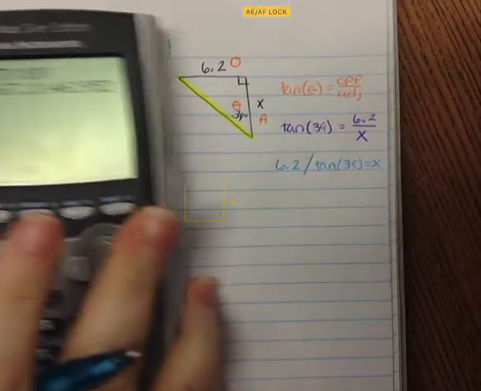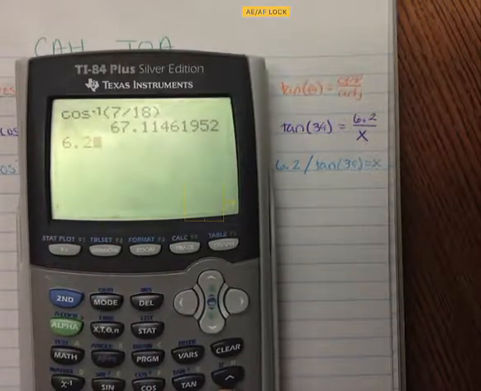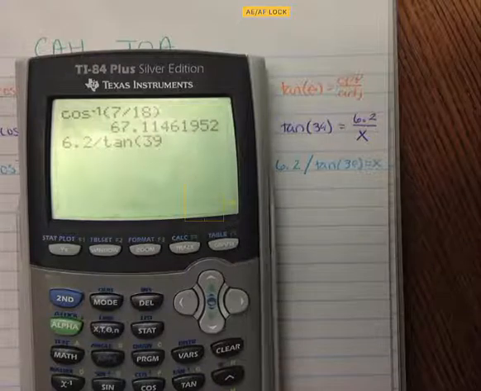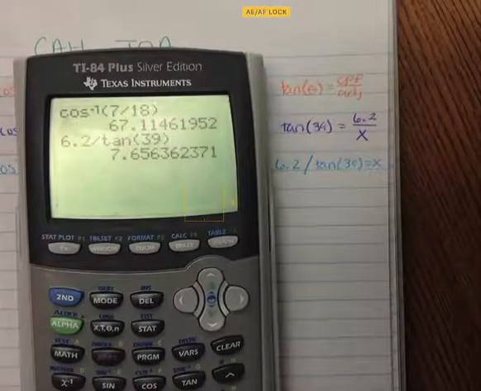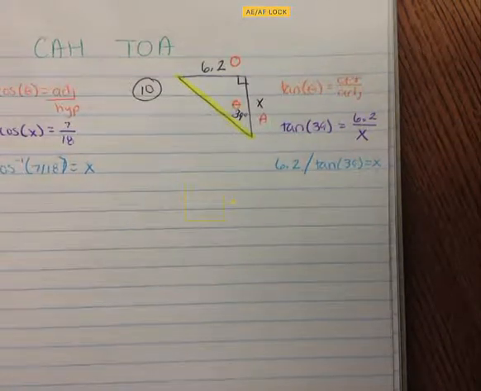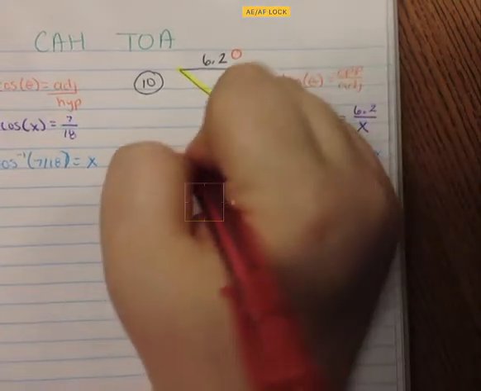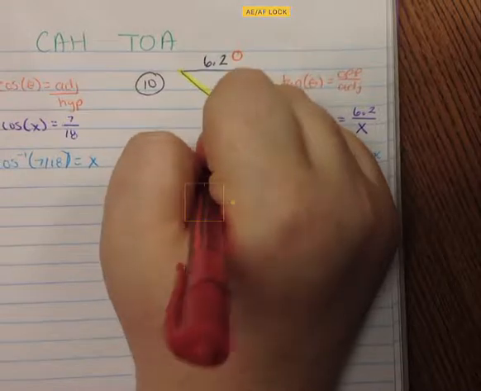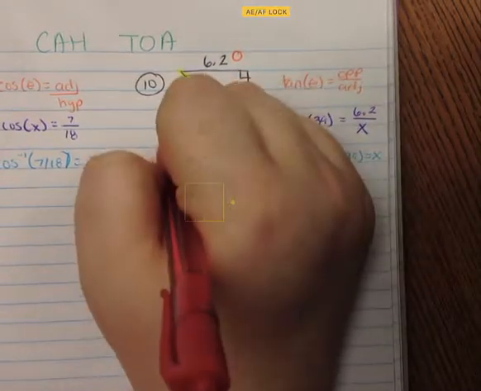So 6.2 divided by tangent of 39 degrees, close parentheses, is roughly 7.7. So x is approximately 7.7.